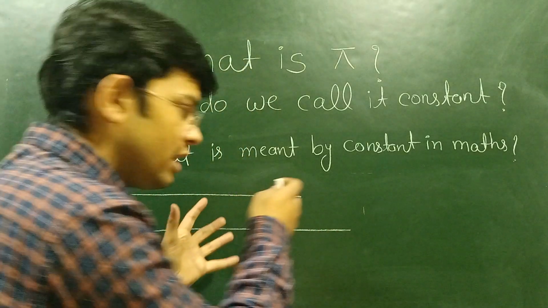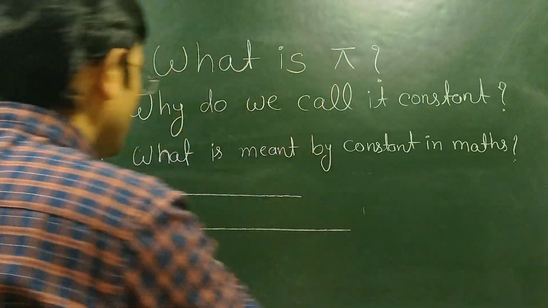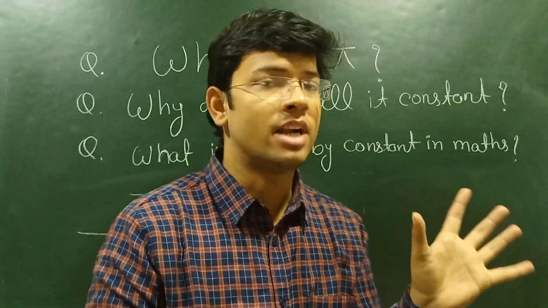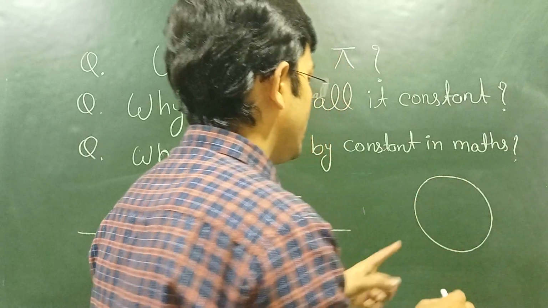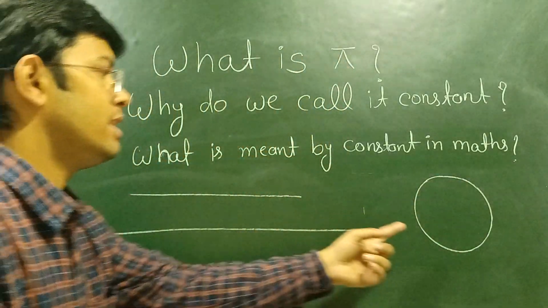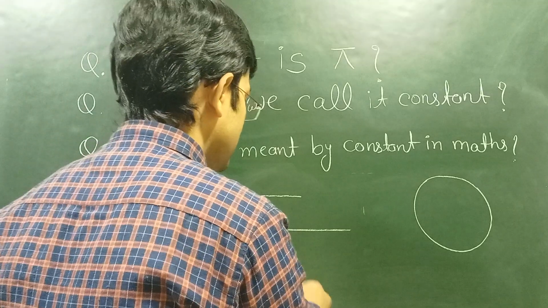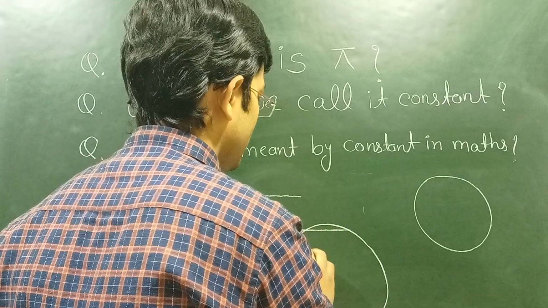These are different in size. You have to make a circle with the help of each thread. Suppose this circle is made by this thread, and this circle is made by the other thread.